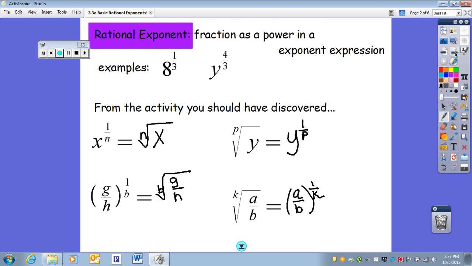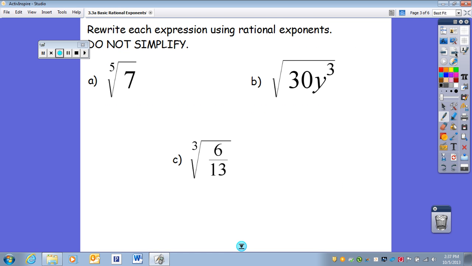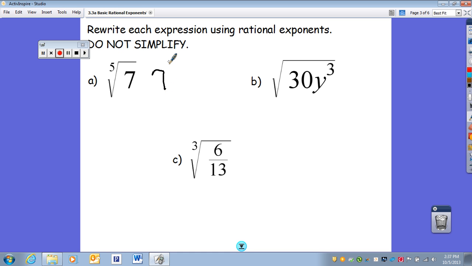So let's go ahead and rewrite expressions using rational exponents, but we aren't going to simplify. So we have 7, and then this can be written as a rational or fractional exponent, which is going to be to the 1/5 power. In this example, when we write the square root of 30y to the 3rd, we're going to write each piece to the 1/2 power.